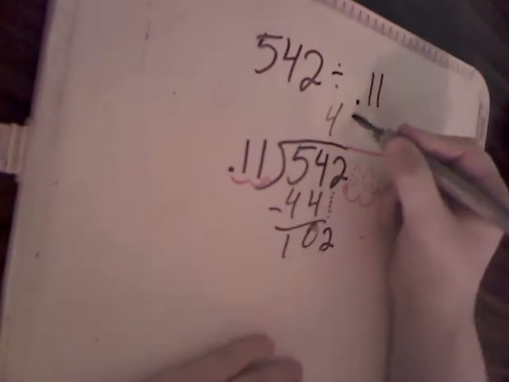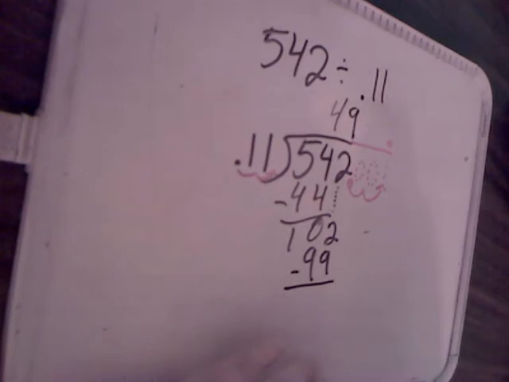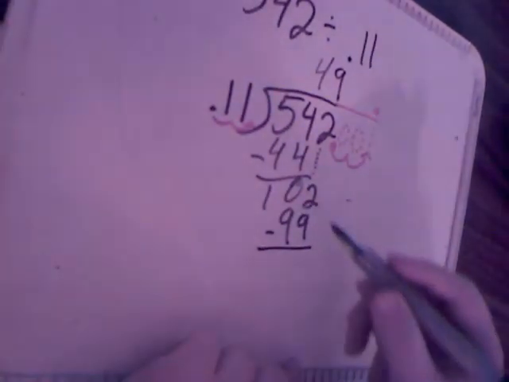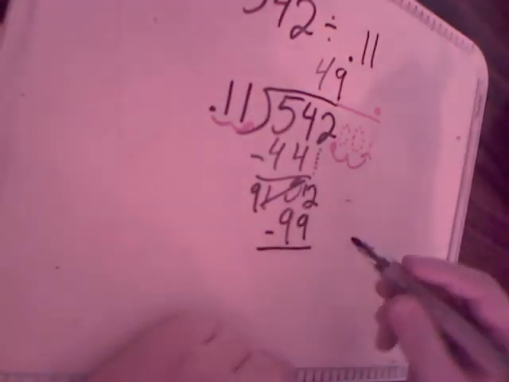Now we have to figure out how many times 11 goes into 102. We know that 9 times 11 is 99, which is probably the closest we're going to get, so let's go ahead and give that a shot. We're going to do our borrowing. 10 becomes 9, 12, we end up with 3.